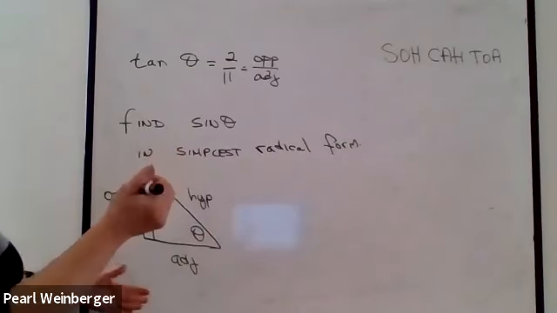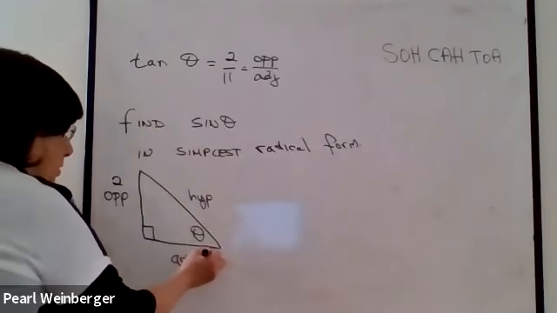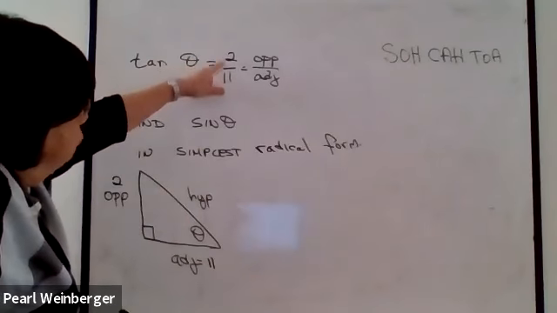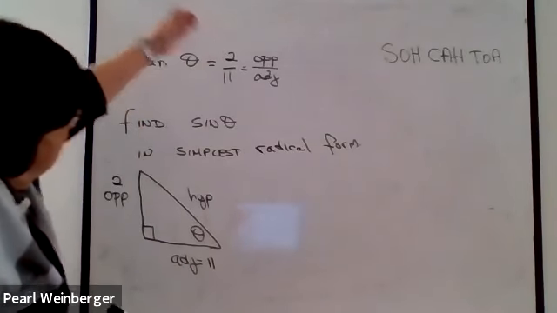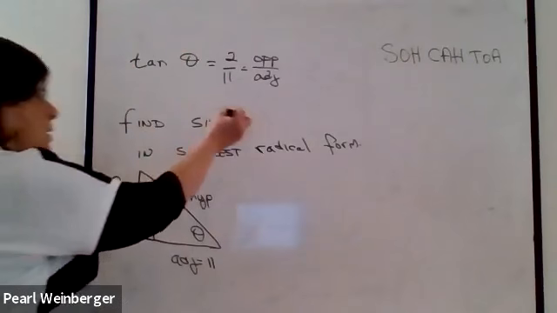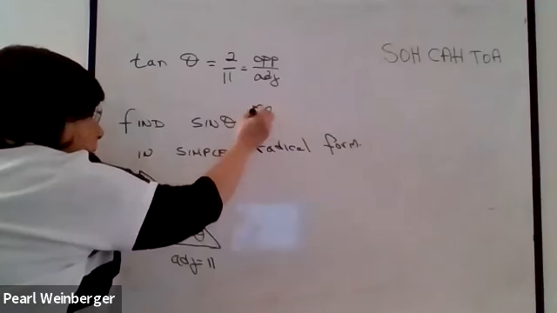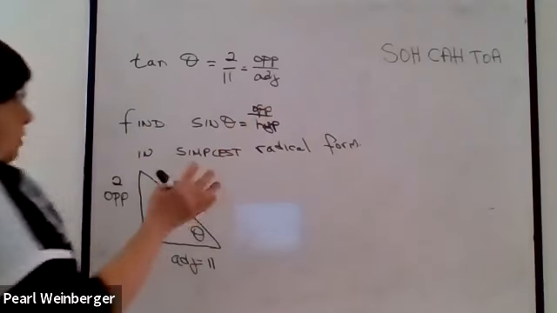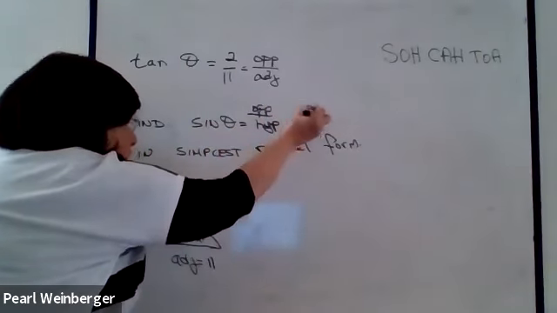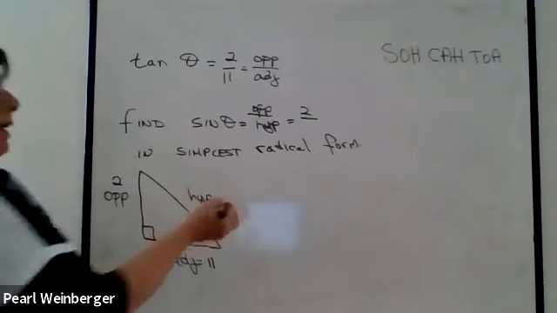So I'm going to pick 2 to be my opposite side and 11 to be my adjacent side, because my tangent was 2 over 11. Now, in order to find the sine, opposite over hypotenuse, I know the opposite is 2, but I don't know the hypotenuse until I do the Pythagorean theorem.